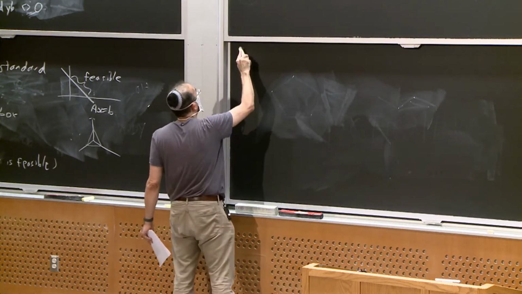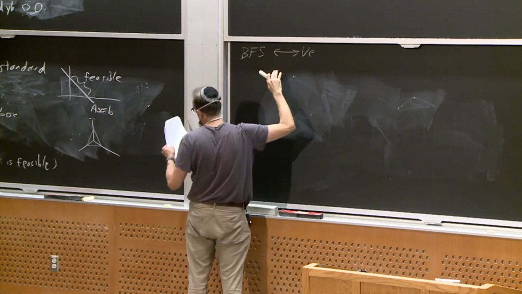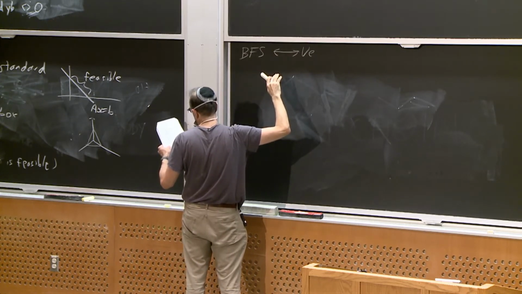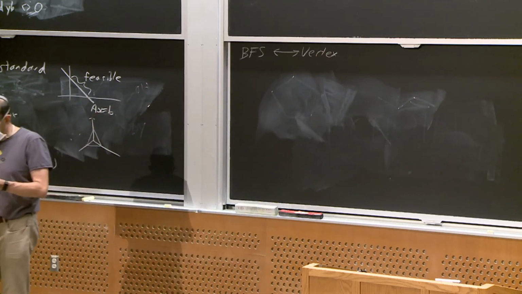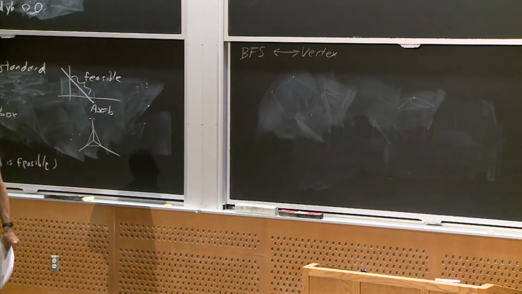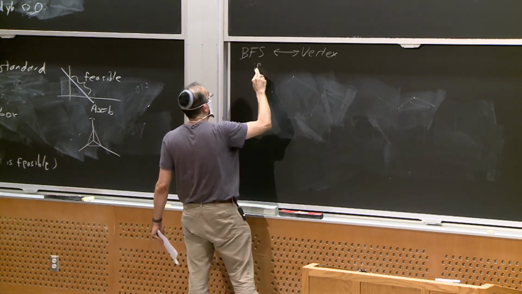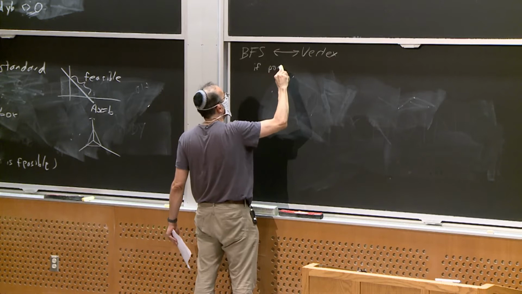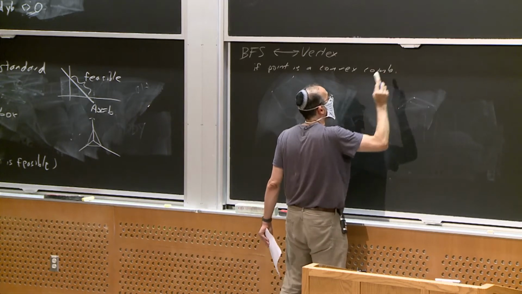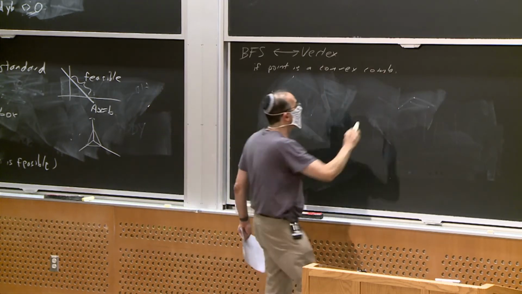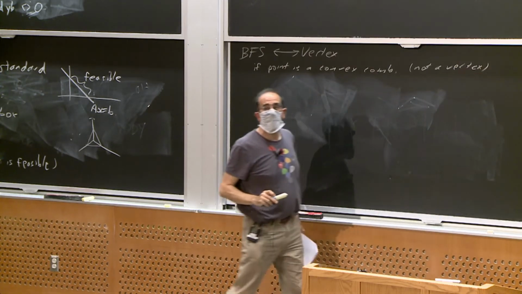First of all, actually, let me go one direction at a time. That you have a basic feasible solution if and only if you have a vertex. So let's go in one direction. If your point is a convex combination, in other words, if it's not a vertex, what does it mean?